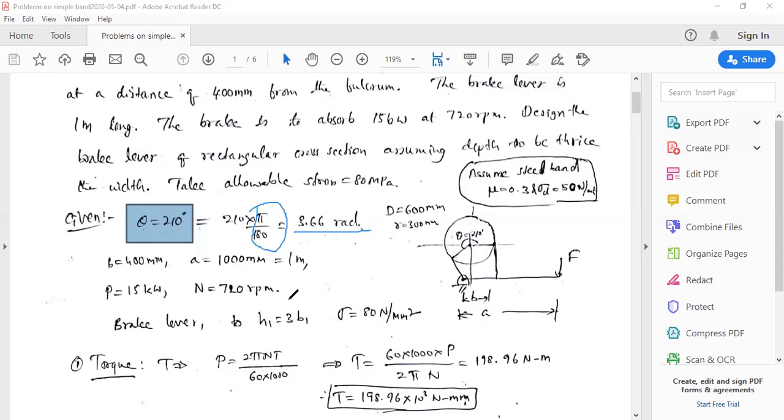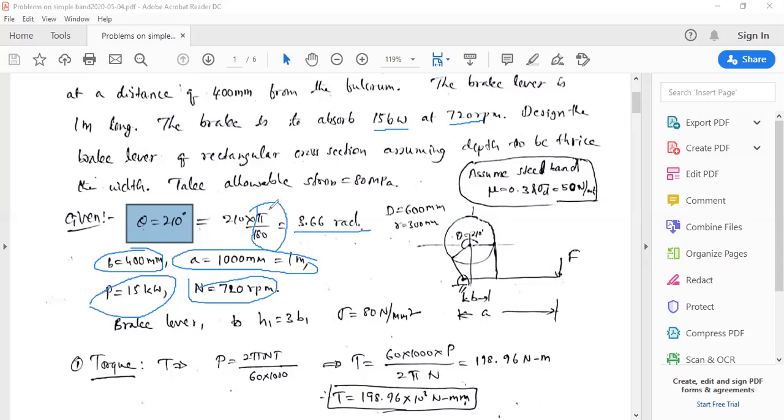The power absorbed during the brake application is 15 kilowatt, and n is 720 rpm. Those two values are also listed here. In addition, one end of the band is connected to the fulcrum point, and the other end is connected to the lever at a distance of 400 mm from the fulcrum. That is the b value, and the length of the lever is given as 1000 mm, that is 1 meter.